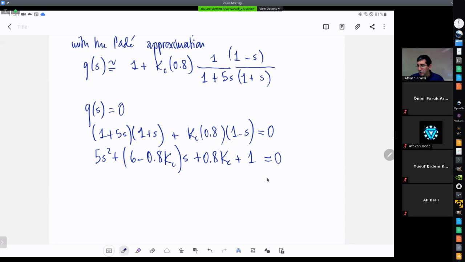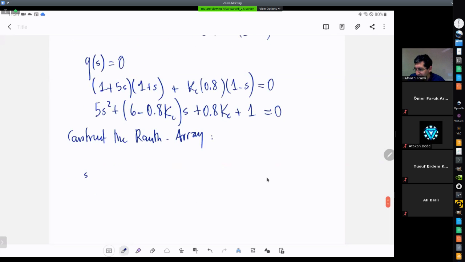We will do that using the Routh-Hurwitz method. So let me construct the Routh array. Okay, so here we go. We have s squared term, s to the 1 term, s to the 0 term. The first two terms are from the polynomial.